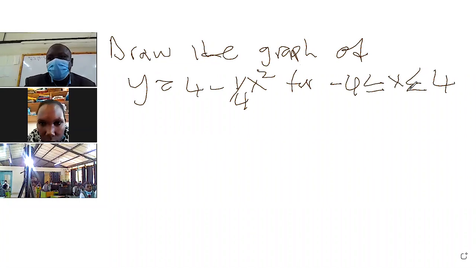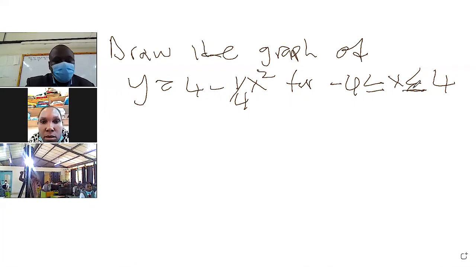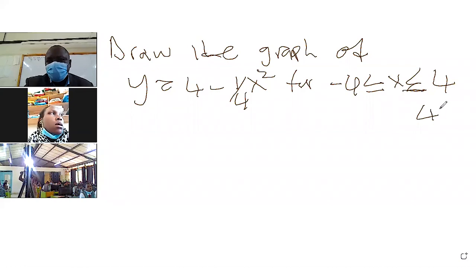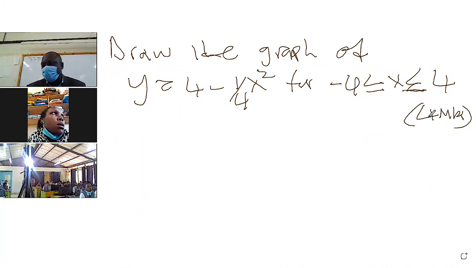In other words, for the domain -4 up to 4 inclusive. For working this out, just as an example, you are given 4 marks.